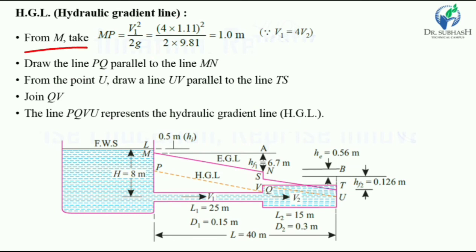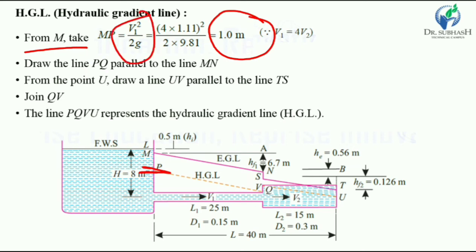From the M, we take 1 meter down. Why? The hydraulic gradient has the sum of pressure energy and potential energy, not considering the velocity head or kinetic energy.